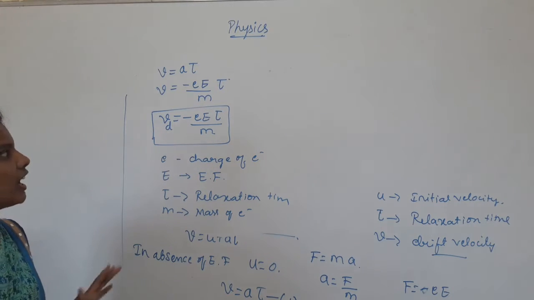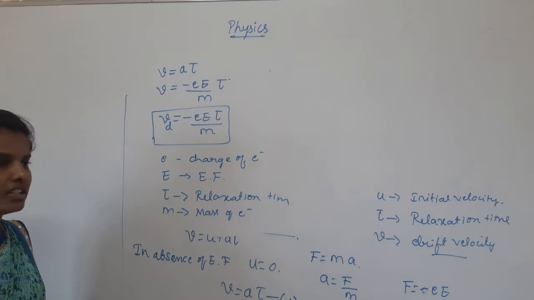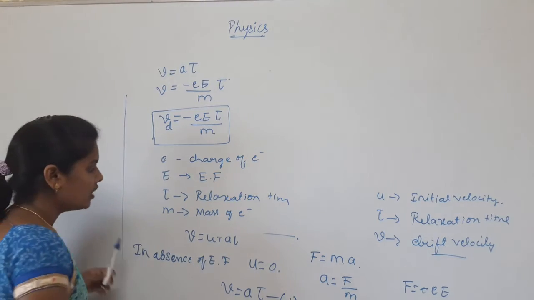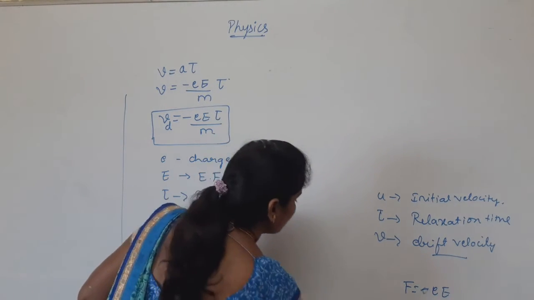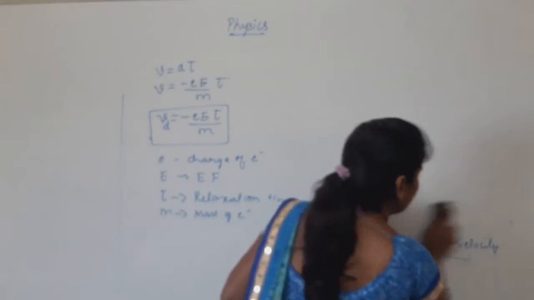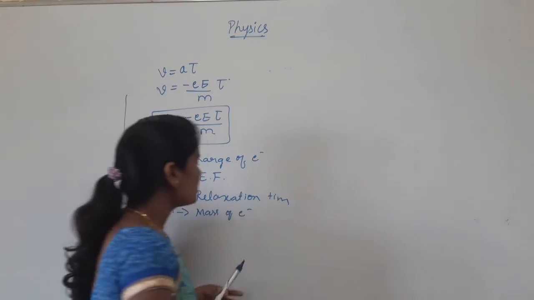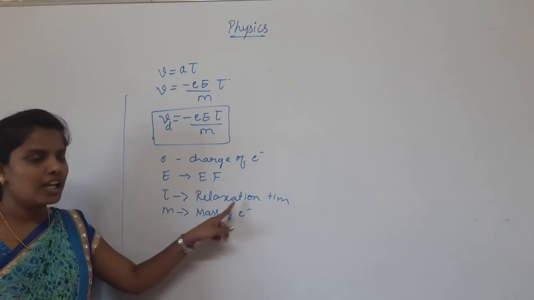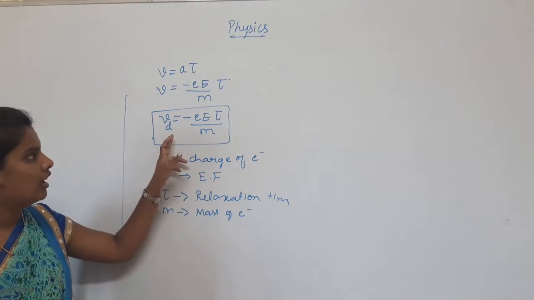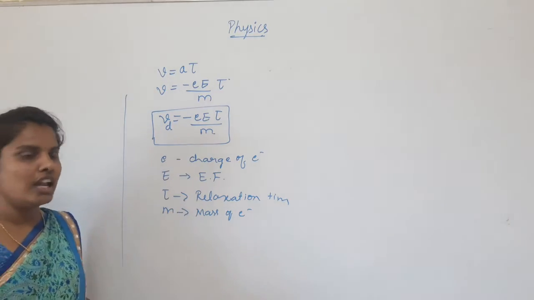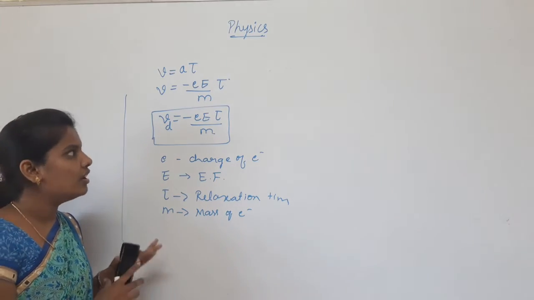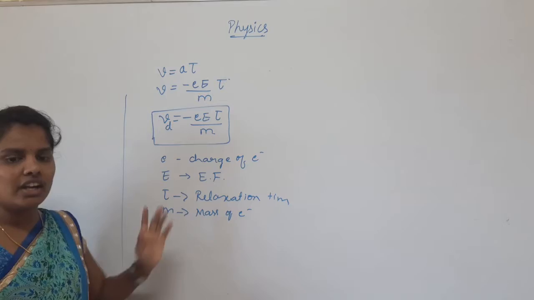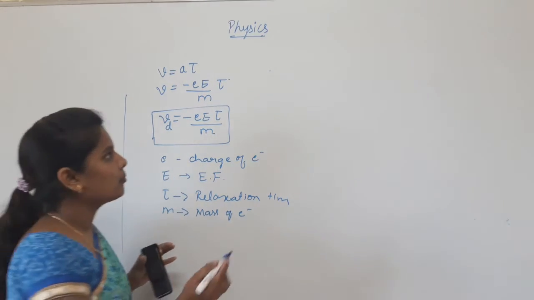This is regarding drift velocity inside a conductor. Next, what do you mean by relaxation time? As I already told, relaxation time is the average time interval between two successive collisions of an electron inside a conductor.